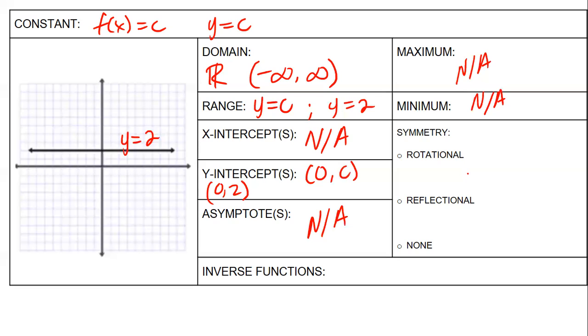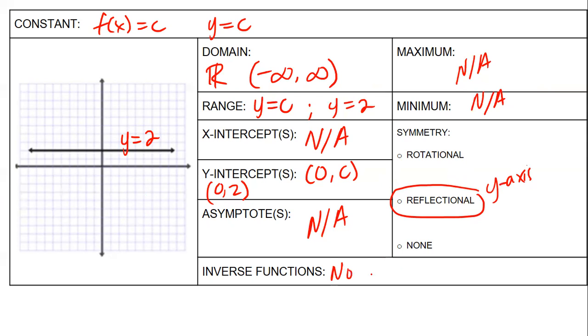What type of symmetry do you think this graph has? It has reflectional. That's because the y-axis evenly divides it. Do we see that? All right. Inverse function. It does not.